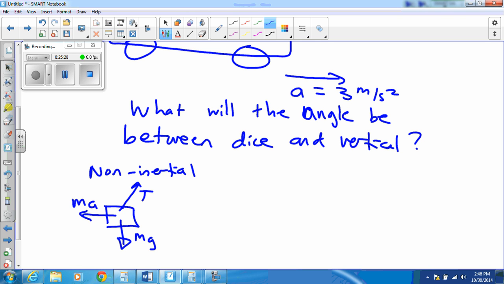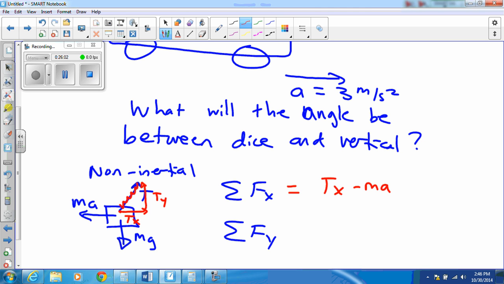Now we can do sum of forces equals 0, because the fuzzy dice are not moving in their own reference frame, right? We do sum of forces in the x and y directions. I'm feeling lazy today, so I'm just going to use Tx and Ty instead of messing with sine and cosine just yet.